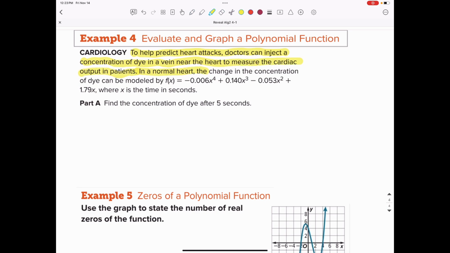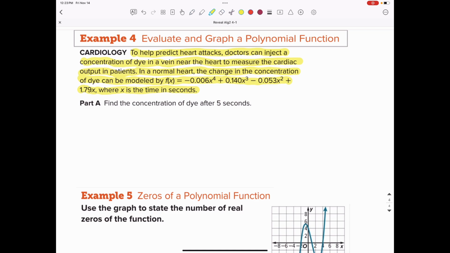In a normal heart, the change in the concentration of dye can be modeled by the function f of x equals negative 0.006x to the fourth plus 0.140x to the third minus 0.053x squared plus 1.79x, where x is the time in seconds. We are going to find the concentration of the dye after 5 seconds.